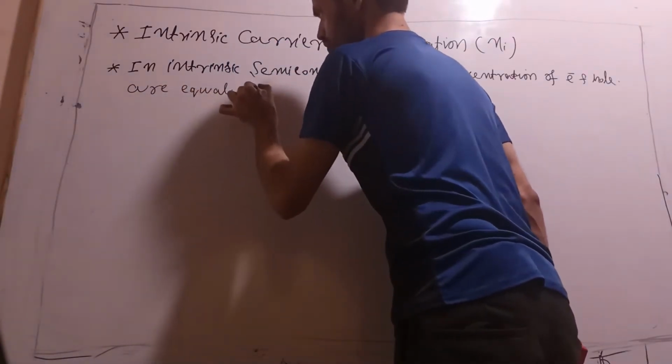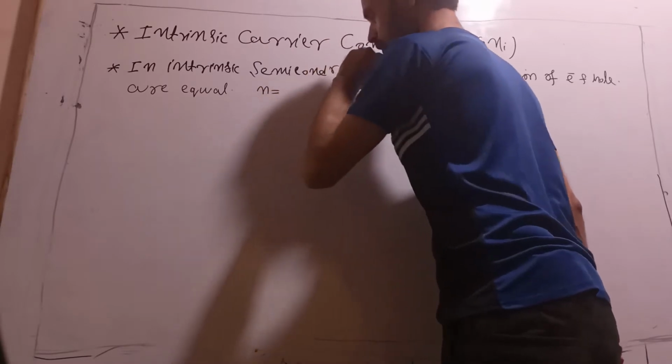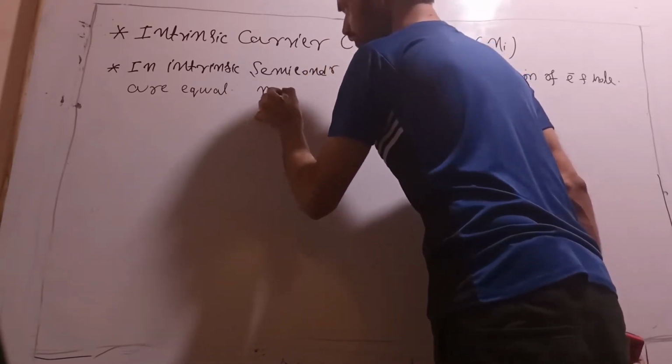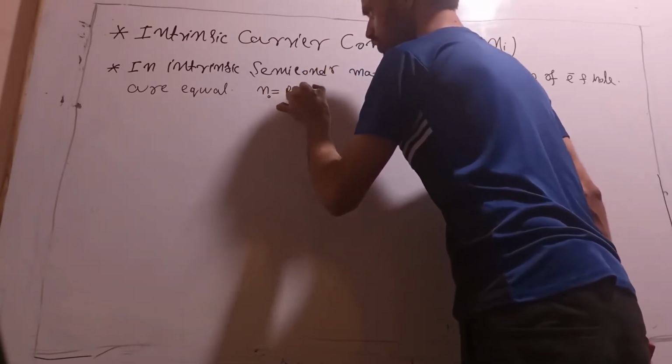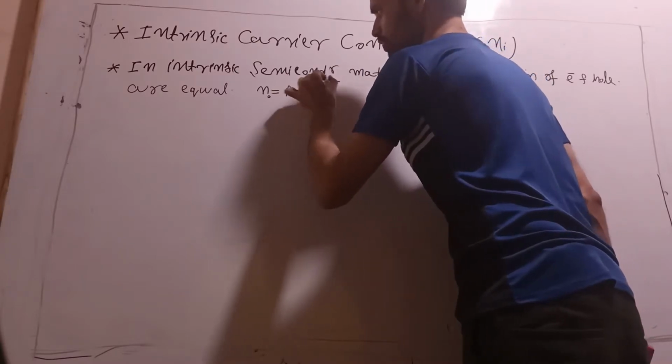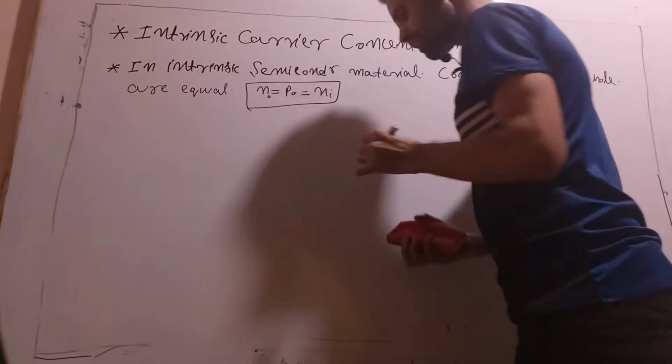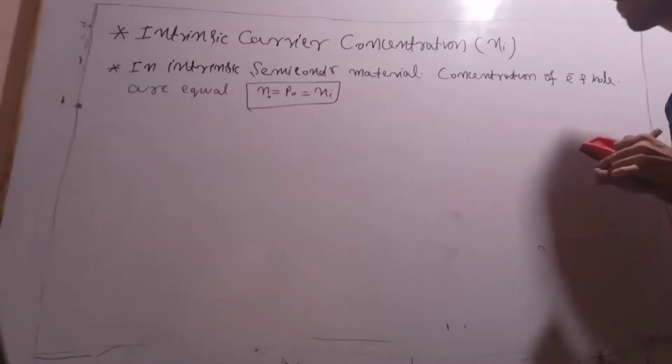So n naught is equal to p naught is equal to ni. This is intrinsic carrier concentration, where electron and hole concentrations are equal.